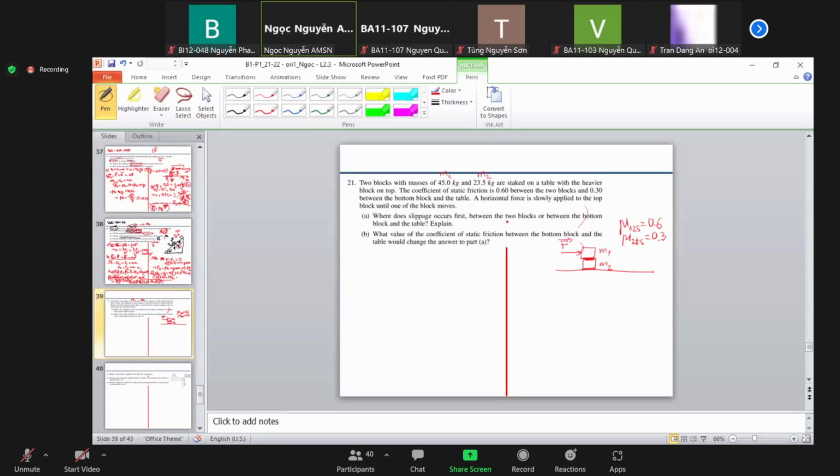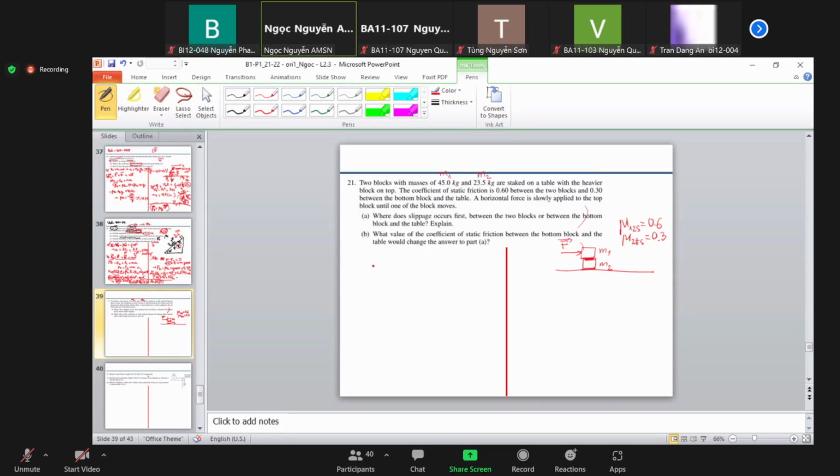To understand it, you have to know how to tell when an object moves on the surface of another one.